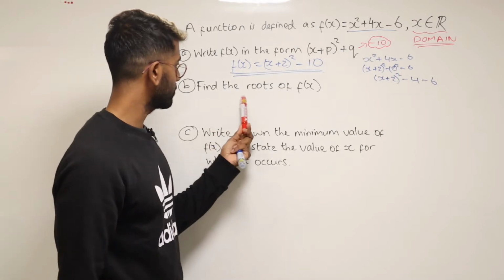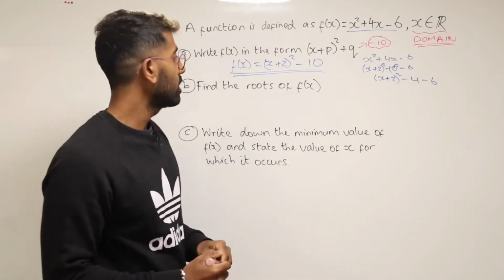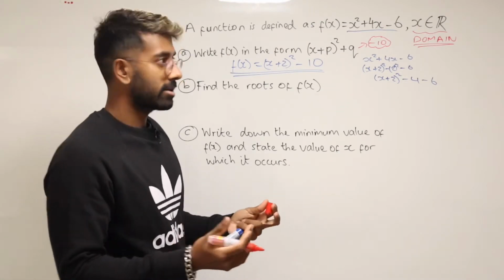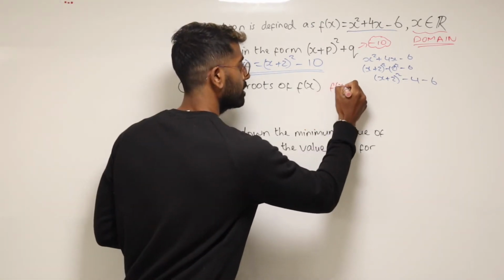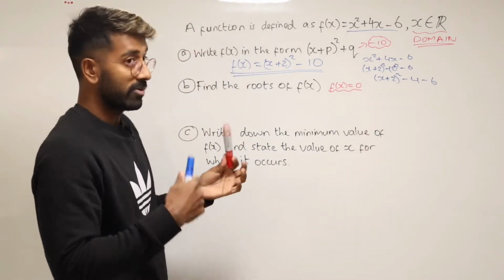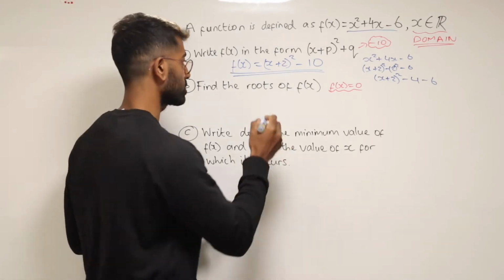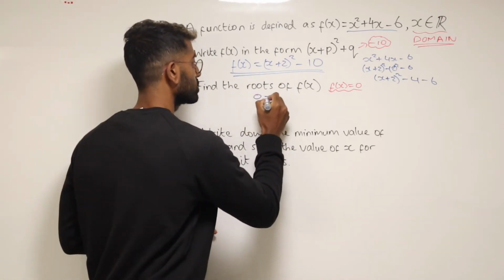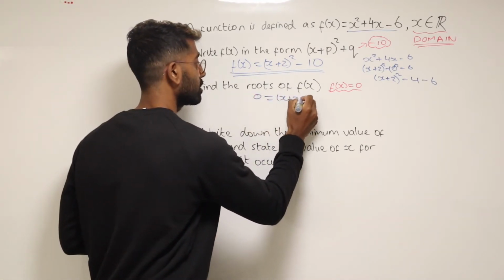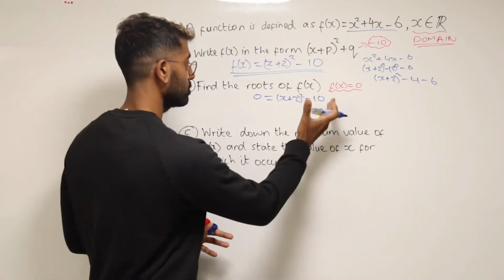They've then said to find the roots of f of x. So roots, quite simply, are the values of x for when the function is equal to 0. So all we've got to do now is go and solve this equation where it's equal to 0. So let's set it equal to 0. So 0 equals x plus 2 squared minus 10. And what we're going to do? Well, send the 10 over.